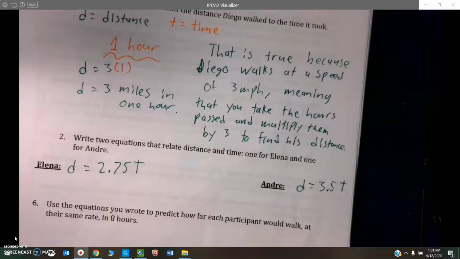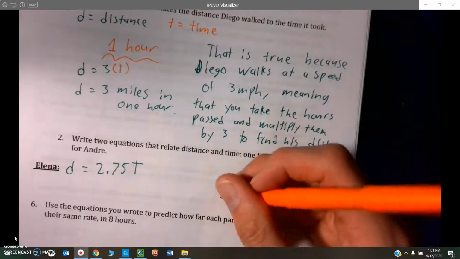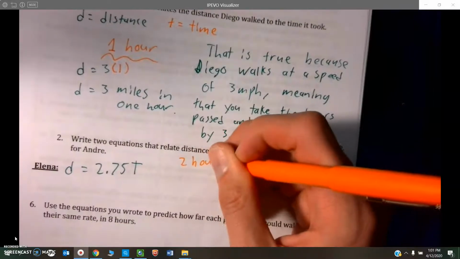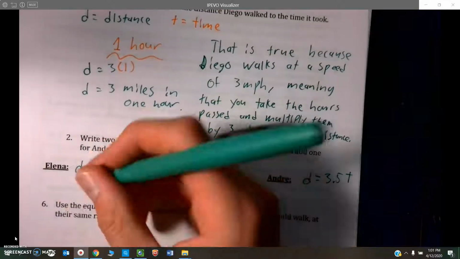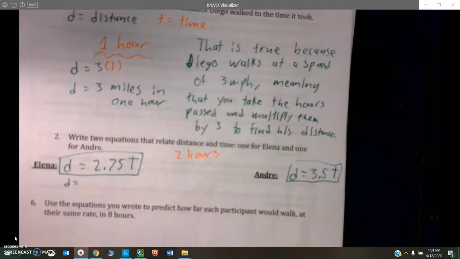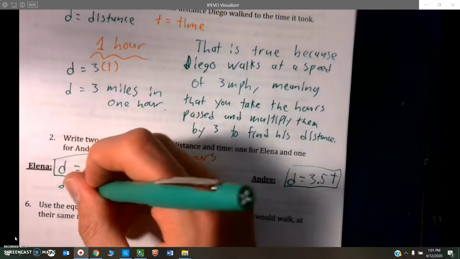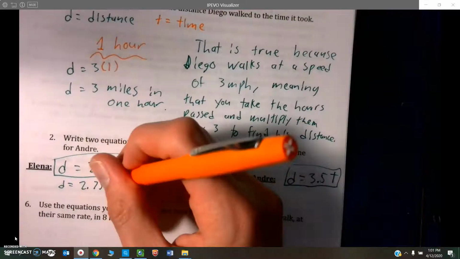So once again, if we wanted to check, we'll do it for both of them. Let's say for our example, we wanted to see how far they walked in 2 hours. So we're going to take their equations, but we're going to substitute in 2 for t.